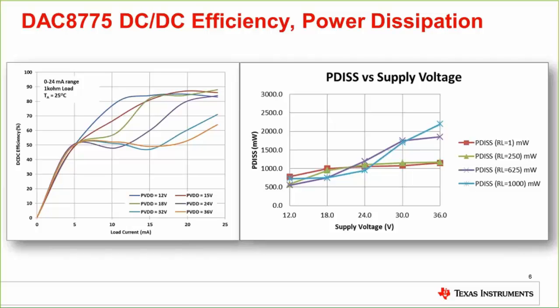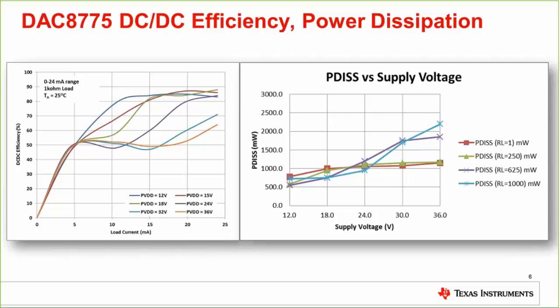On the other side of the slide, you see power dissipation versus supply voltage for different load conditions. At the 12-volt mark on the x-axis, you can see power dissipation for loads from 1 ohm up to 1 kilohm, which is the conventional span that we're targeting for these PLC analog output modules. The figure of merit there is that you can see we're below this 1 watt target for power dissipation.